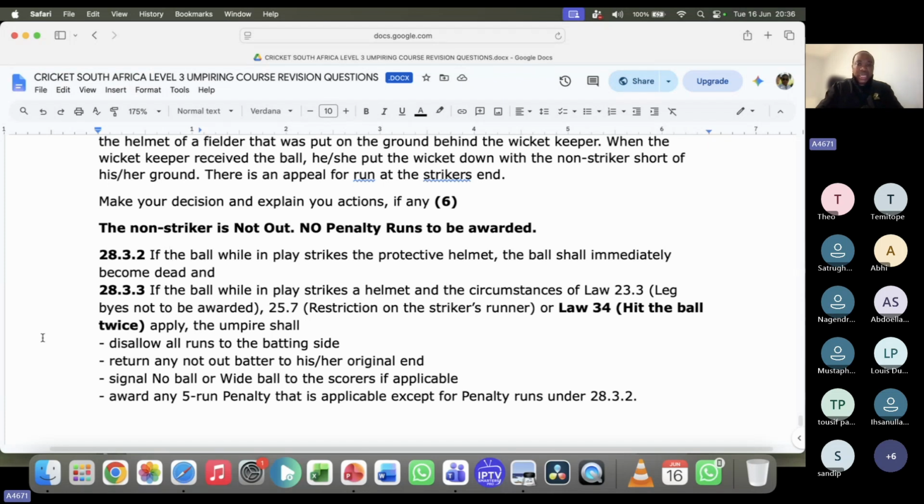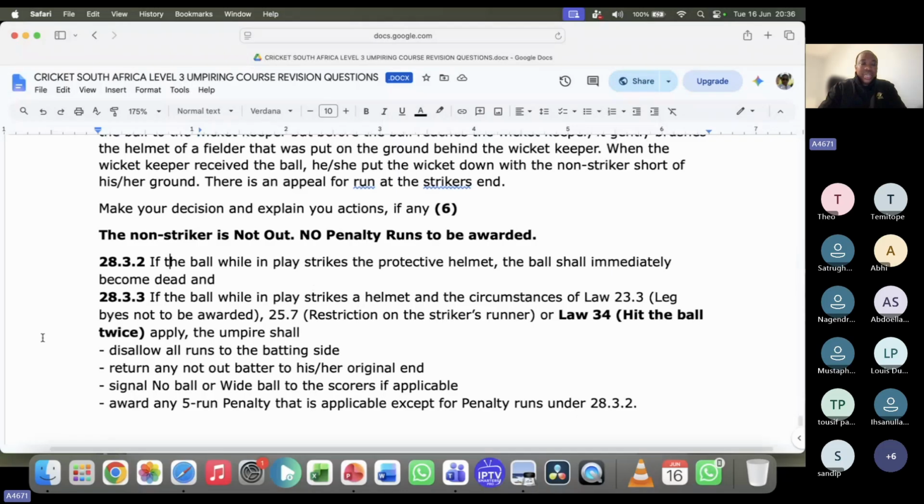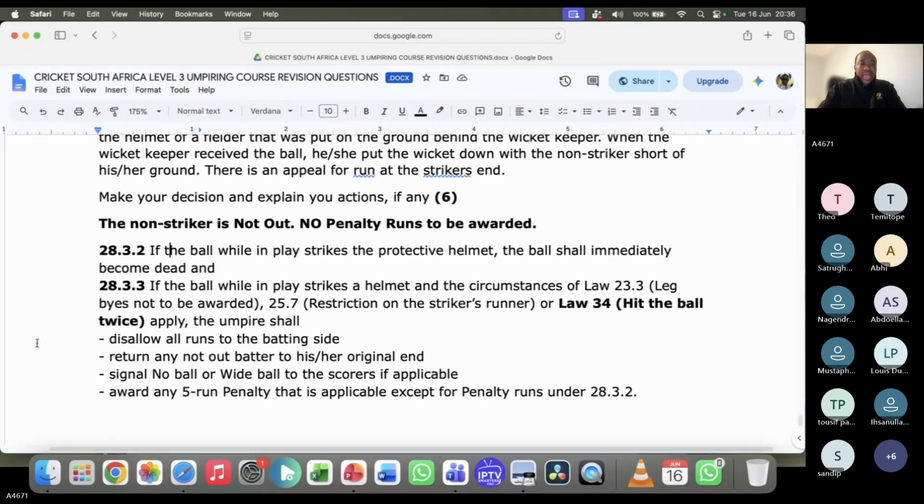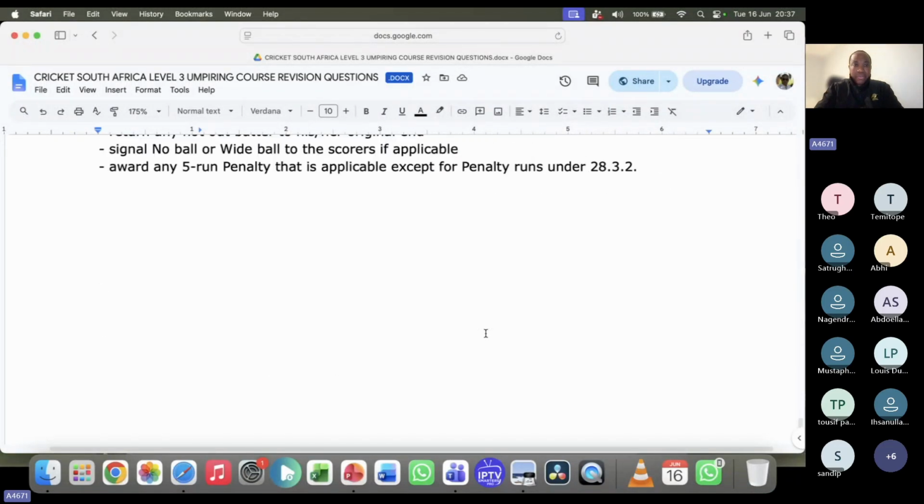No ball was applicable in this scenario. Well done, Abi. And we cannot award any 5 penalty runs because of the ball being hit twice. So very well done there, Abi.